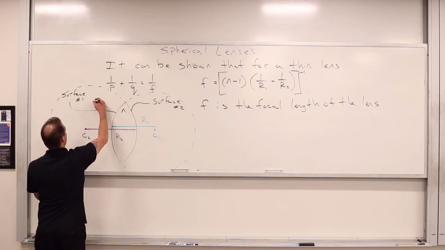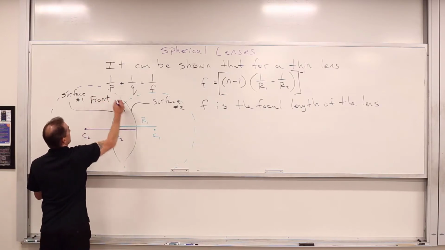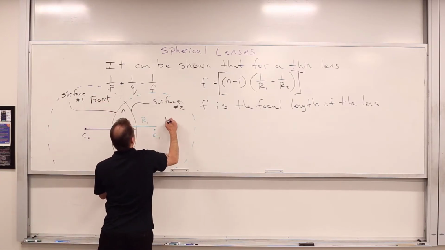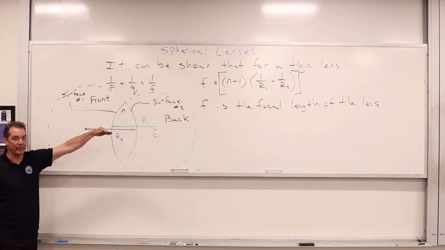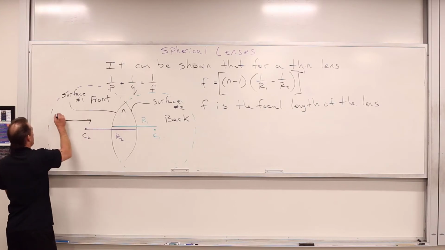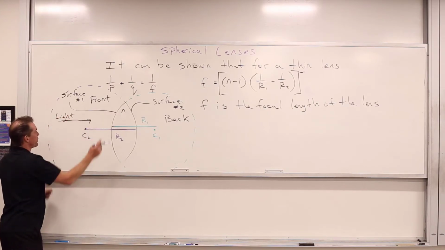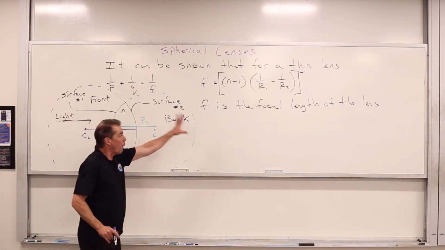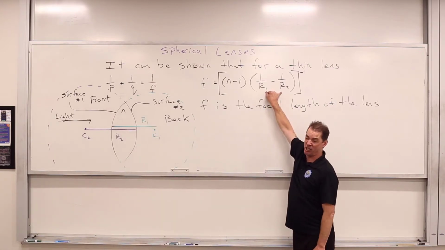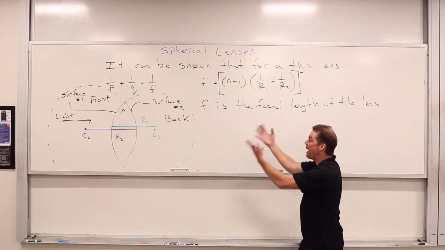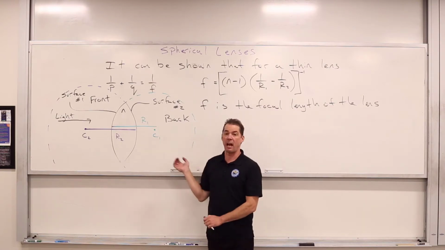So let's just call this side the front side, and call this side the back side, and say that we're considering light rays going that way. Then there is a specific sign convention regarding these radii of curvature that depends on front side versus back side.